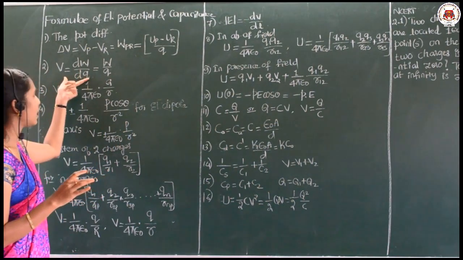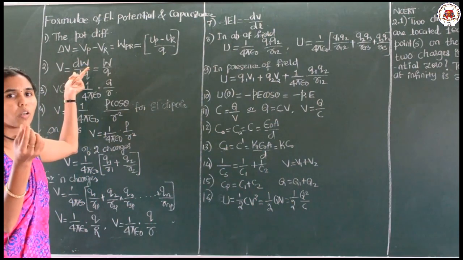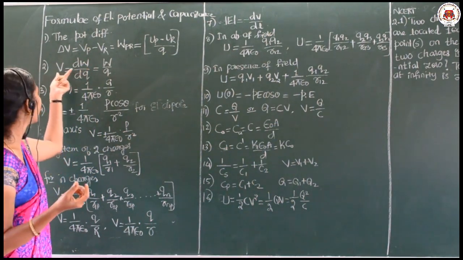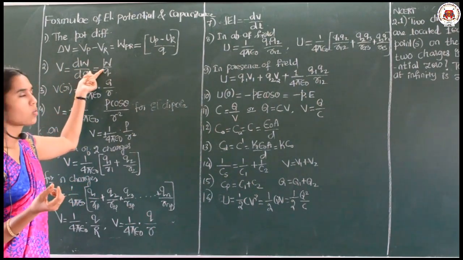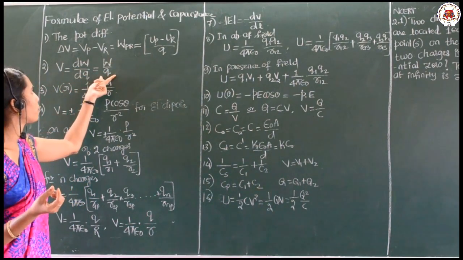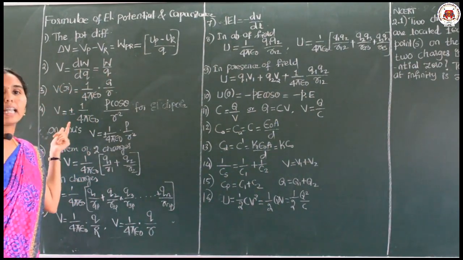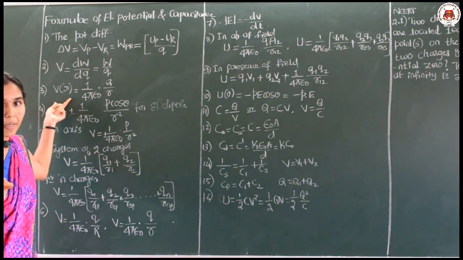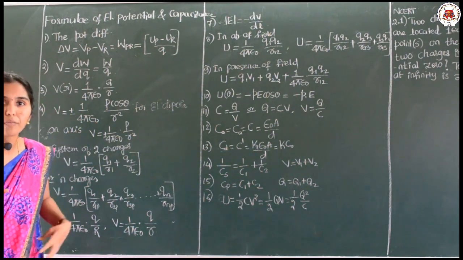Then moving to the next, the potential for a given small work done with a small change in the charge is V is equal to dW by dQ, that is equal to W by Q, right? The next one is the potential at a point due to a point charge. Remember, between these two formulas there is a lot of difference.